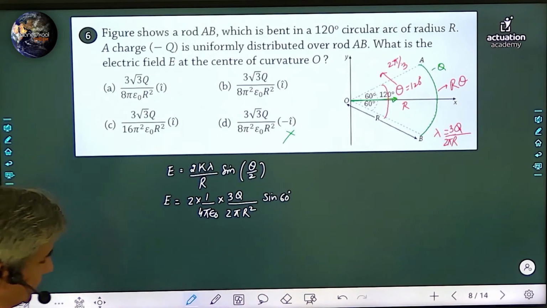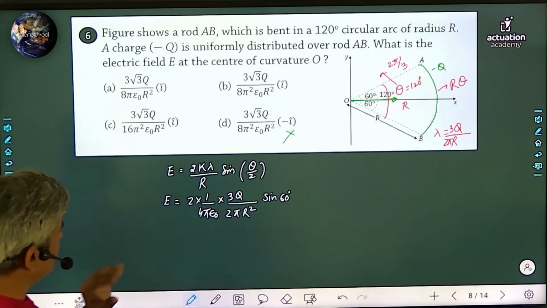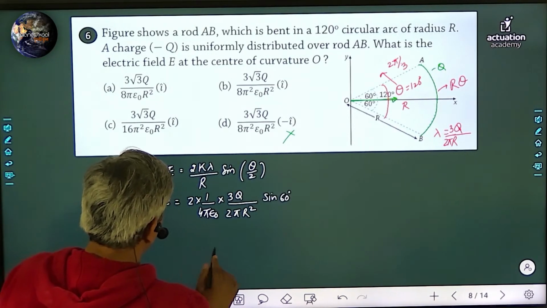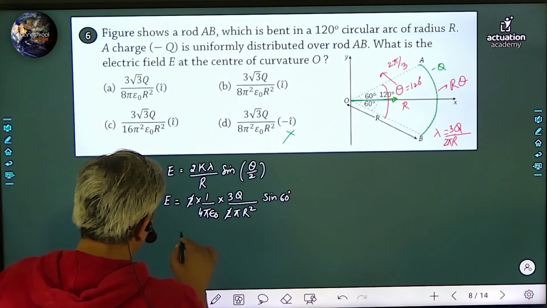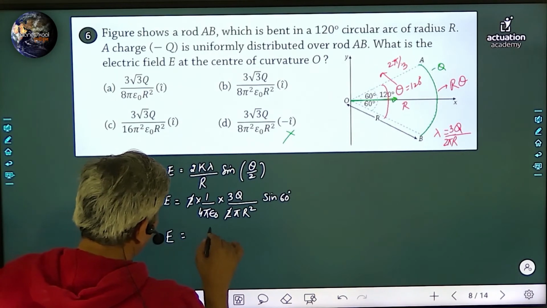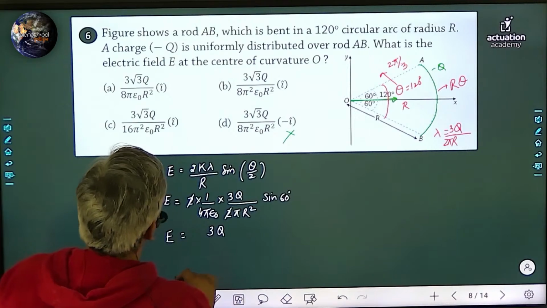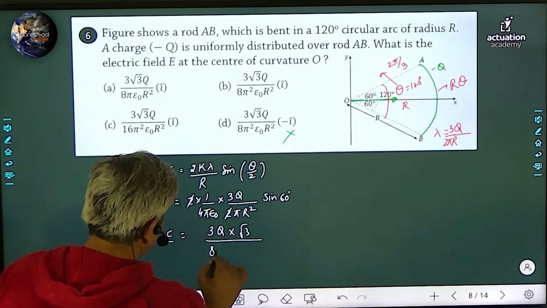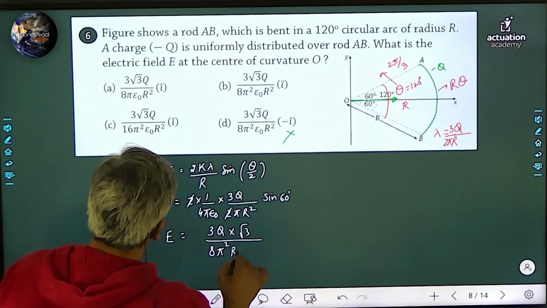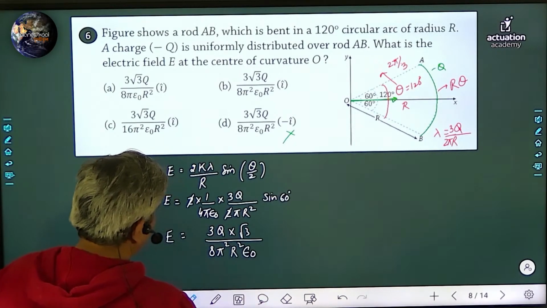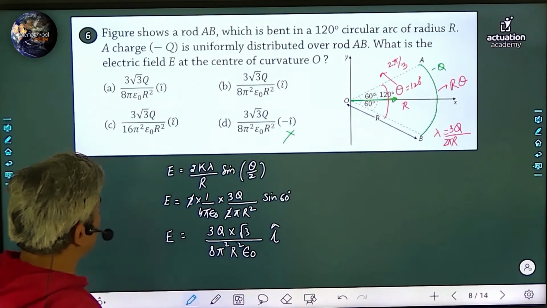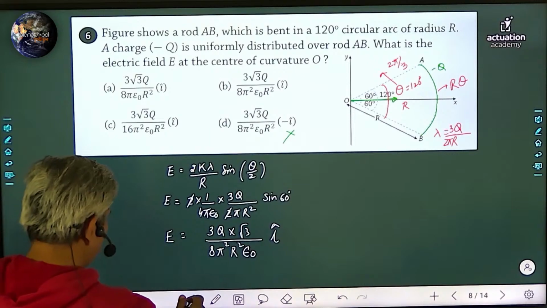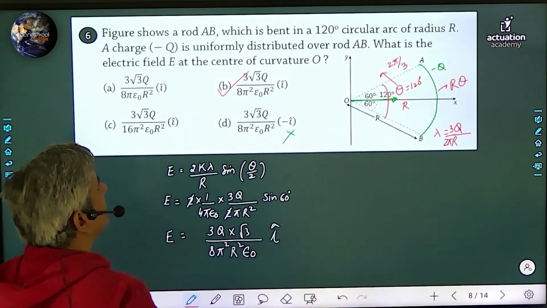So sine 60 will become root 3 by 2, and this 2 and 2 will cancel out. So this E will become 3 root 3 q over 8 pi square r square epsilon naught, in positive x direction. So from these given options, B is the right option.